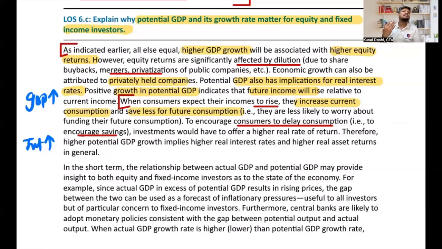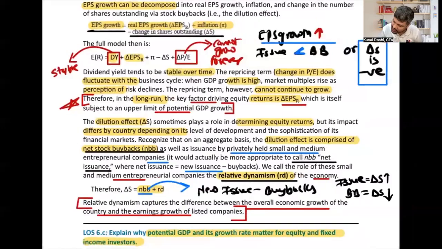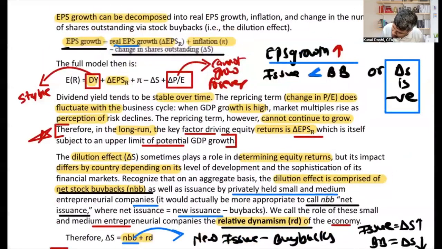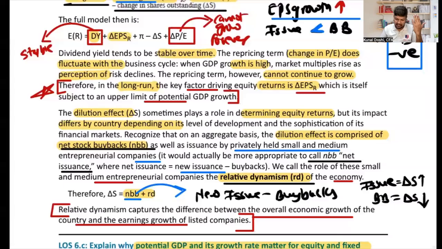Otherwise, people will have more incentive to spend than save. So the conclusion is that higher potential GDP growth rate implies higher real interest rates and higher real asset returns. Because when the interest rate is high, that will lead to a higher EPS growth rate. Clear? I'm talking about the real interest rates. Okay.